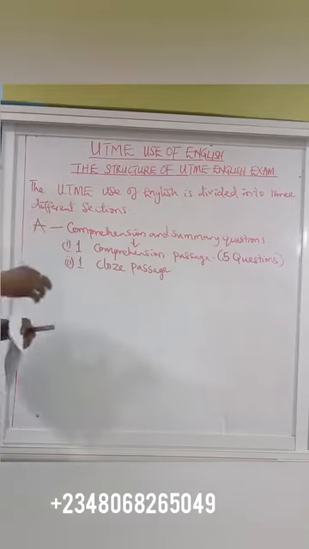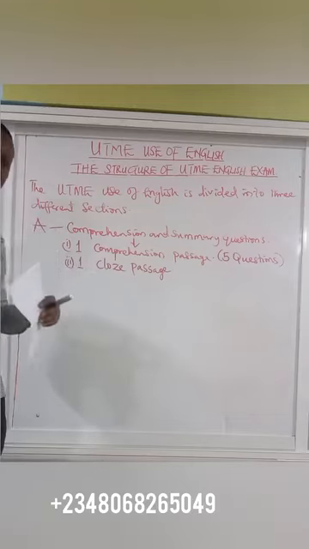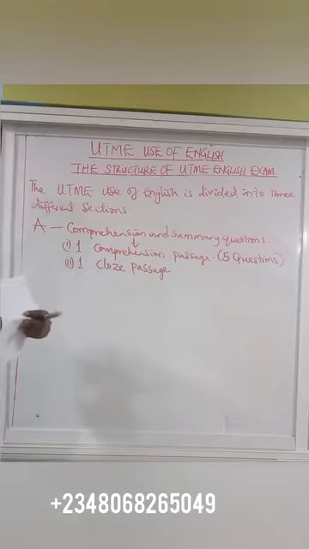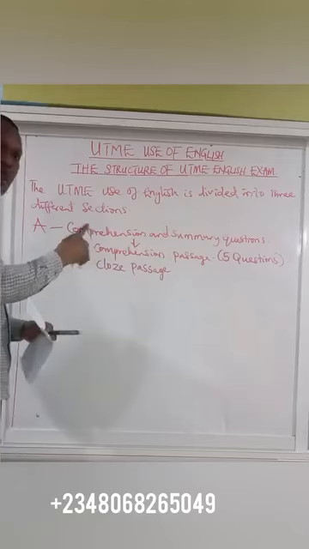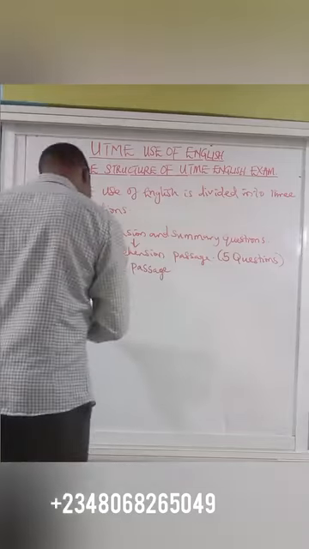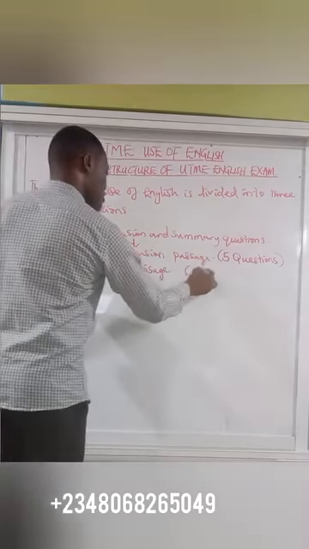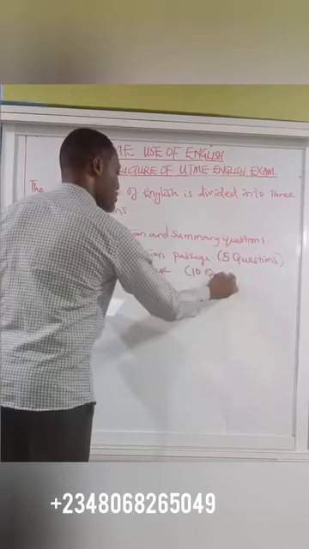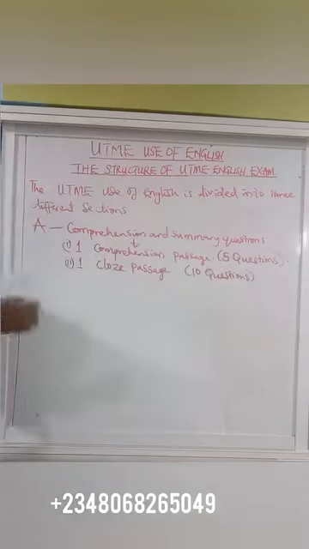So when you have a comprehension passage where you have a gap or a dash which you are asked to fill in, that is what we call a closed passage. This consists of 10 questions. I hope you're following me.